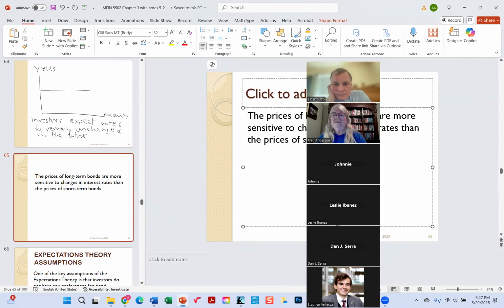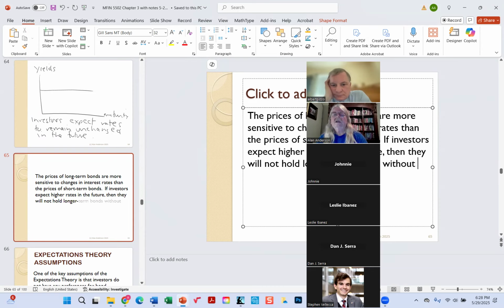So in other words, if investors expect higher rates in the future, they will not hold longer term bonds without a higher yield to compensate them for their risk.